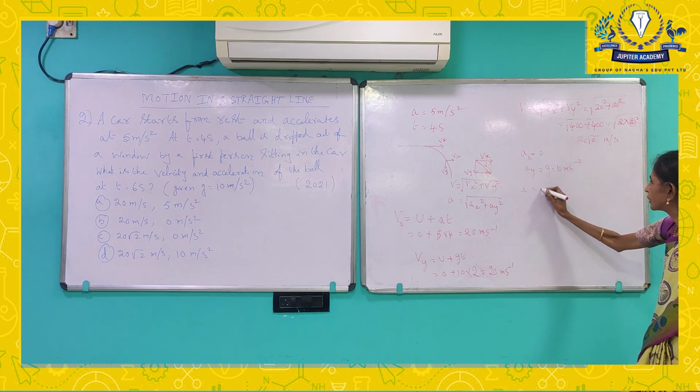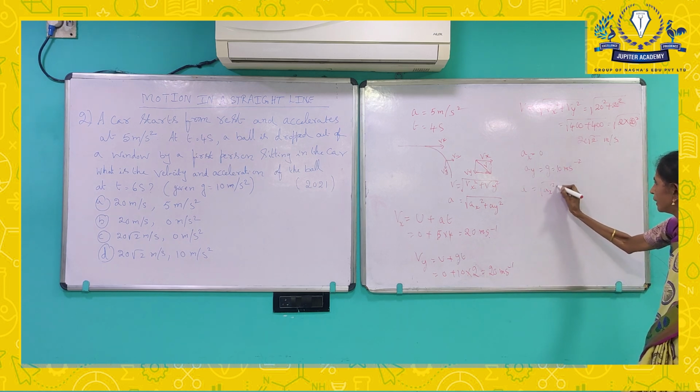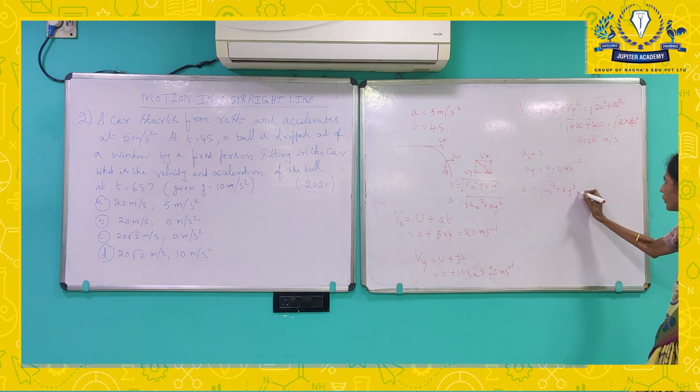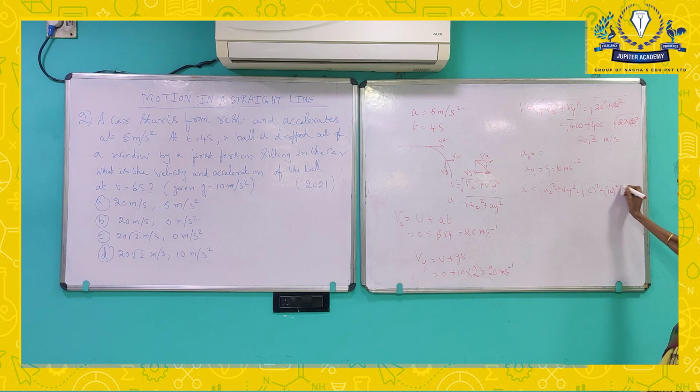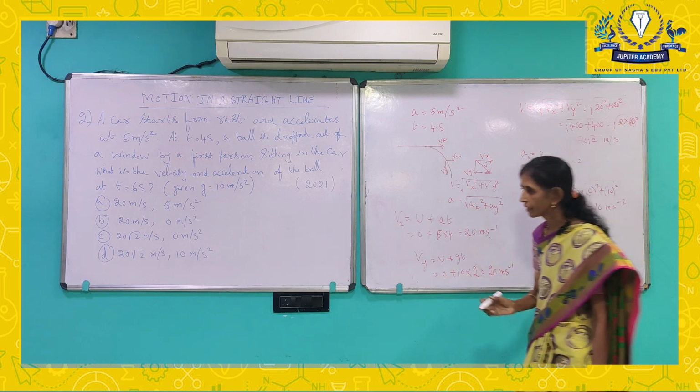Therefore, A is equal to square root of Ax square plus Ay square, which is equal to root of 0 square plus 10 square, which is root 100, which is nothing but 10. So we have got acceleration as 10 m/s square and velocity as 20 root 2 m/s.